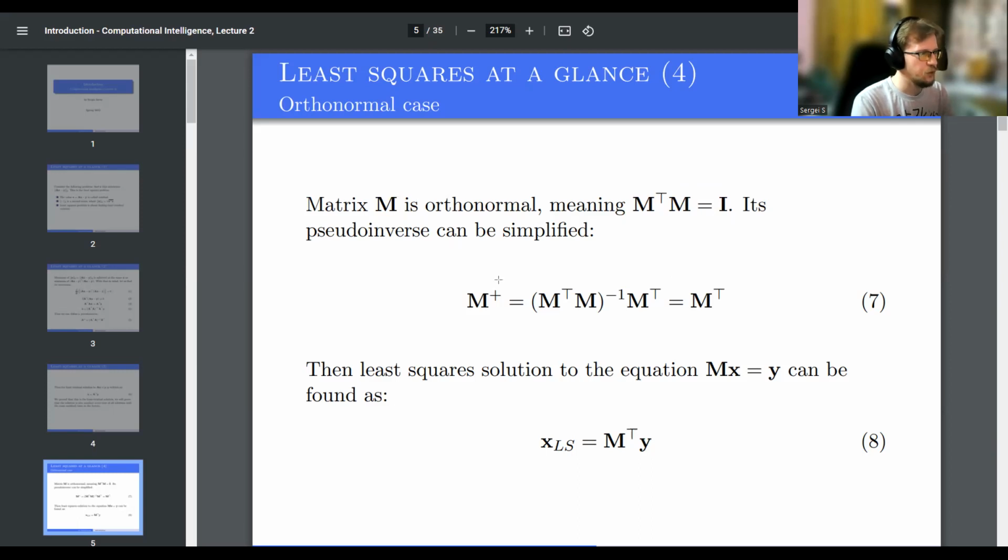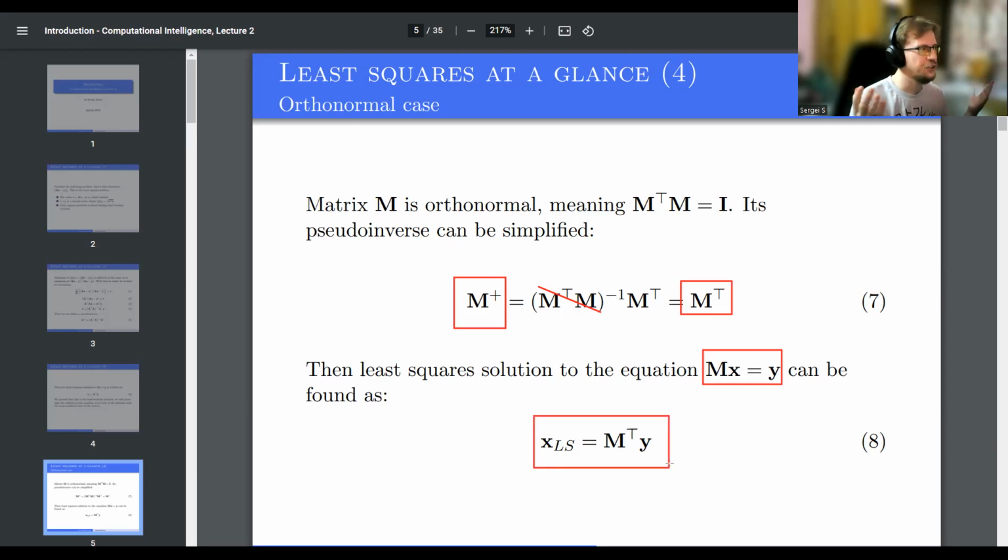So if it is orthonormal, then the pseudoinverse is simplified because this guy here is just identity. So the pseudoinverse is equal to M transposed, same as the inverse. Very useful. So if you want to solve least squares with an orthonormal matrix, you don't need any pseudoinverses, you just transpose. Any questions?